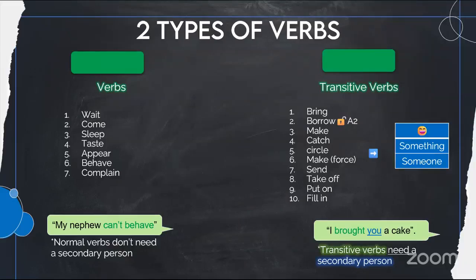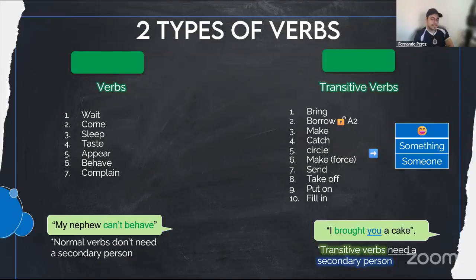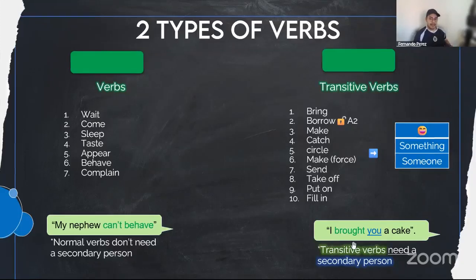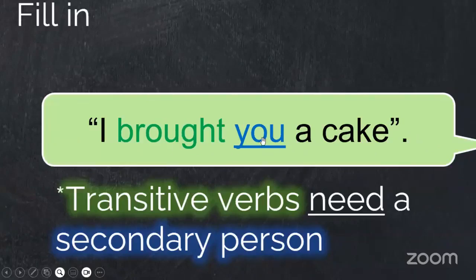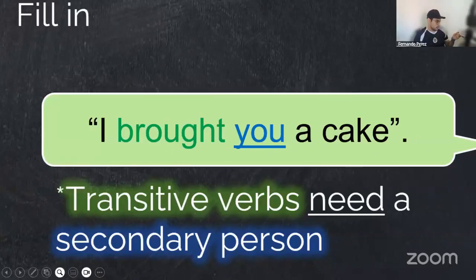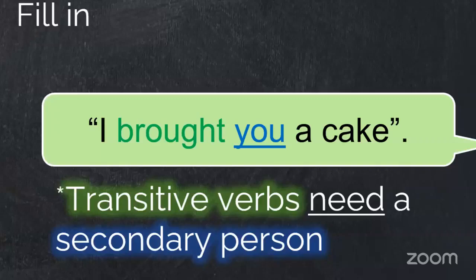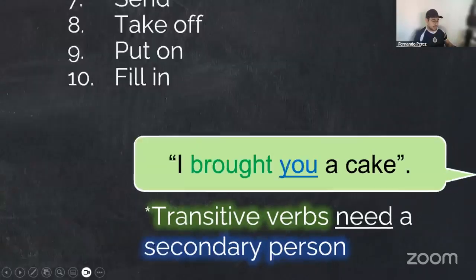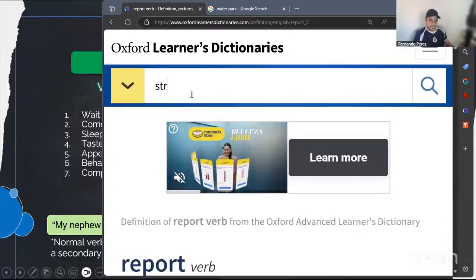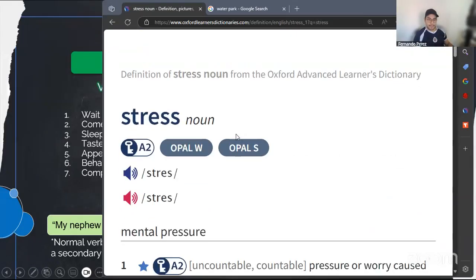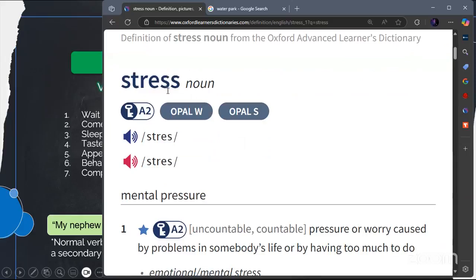Now let's check the position. Transitive verbs: person, verb, person. So my job makes me stress. Exactly. And the verb stress is only with S and finish.